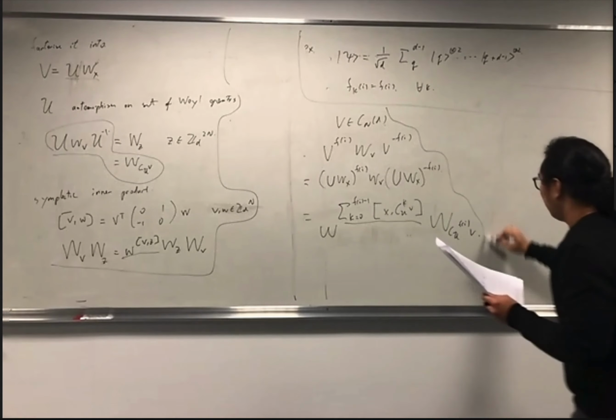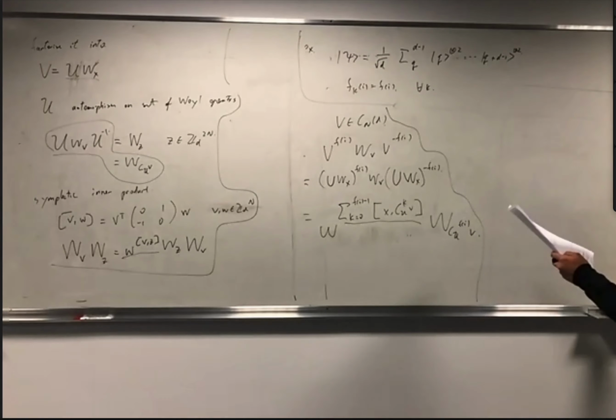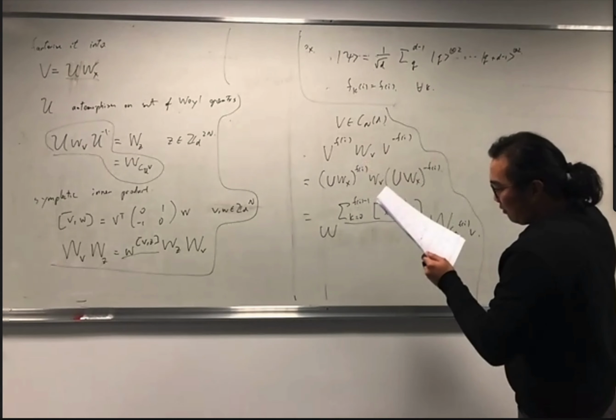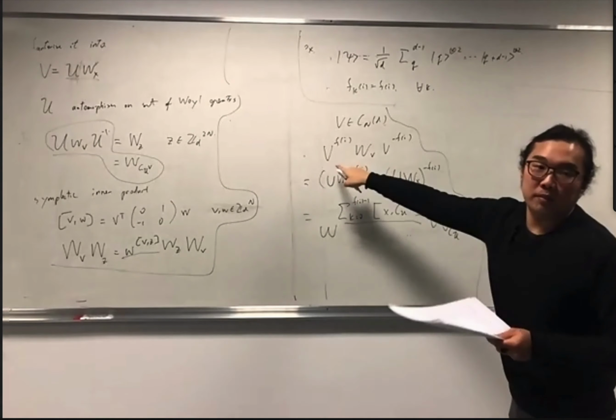We have picked our f function, and then we want to pick the v here to be the phase gate.